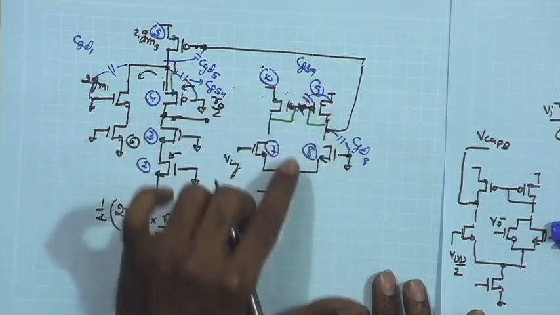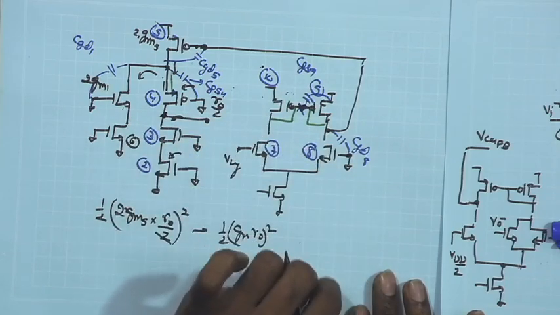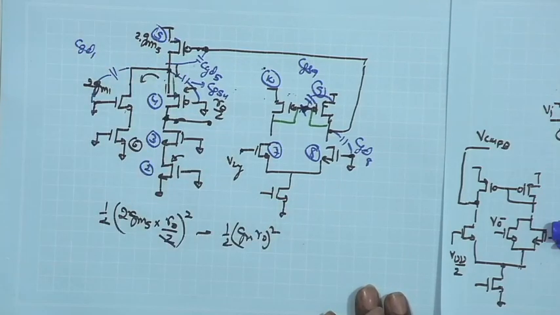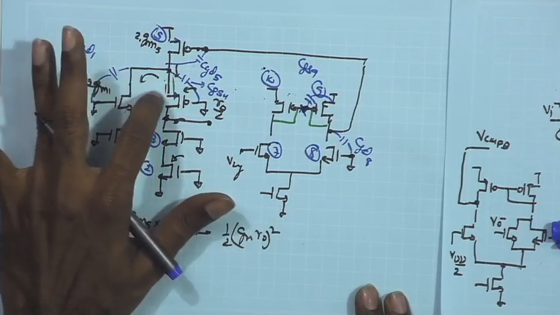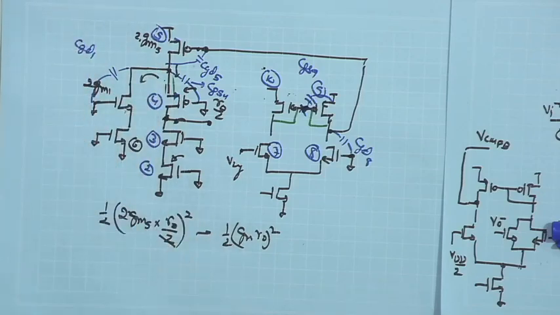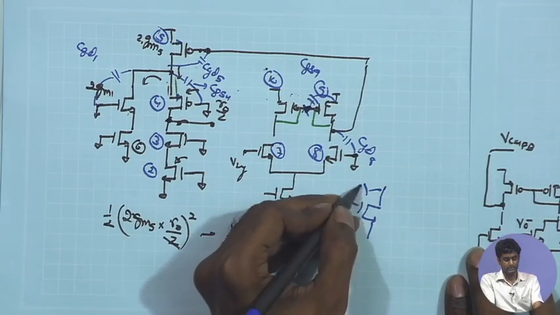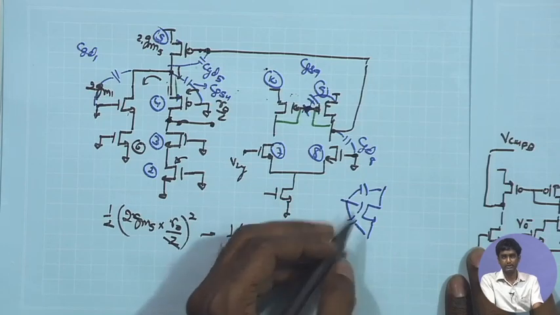I am ignoring for the time being the CDB and CSB components, assuming that they are relatively smaller, otherwise the picture will become more messed up. So assuming that the CDB and CSB components are ignored for the time being, I am considering only the CGD and CGS. So in general, that is true, because the CGD component and the CGS component can be the dominant one.